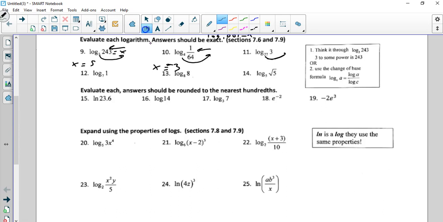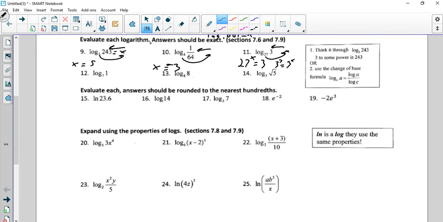This means 27 to what power is 3? Well, again, you can rewrite this in the same base form. So 27 is really 3 to the 3rd equals 3 to the x.